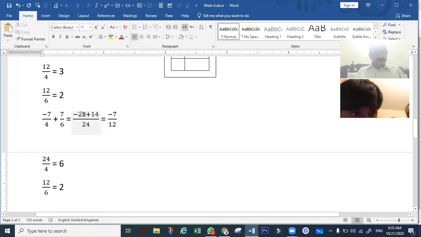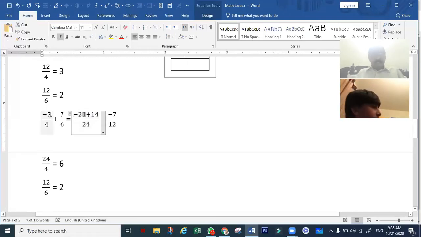Look again at this. This 24 is to be divided by 4. We get 6. This 6 is to be multiplied with minus 7. Negative 42.